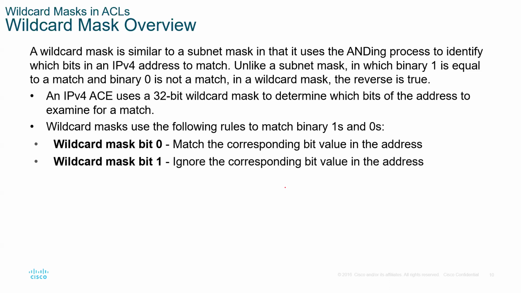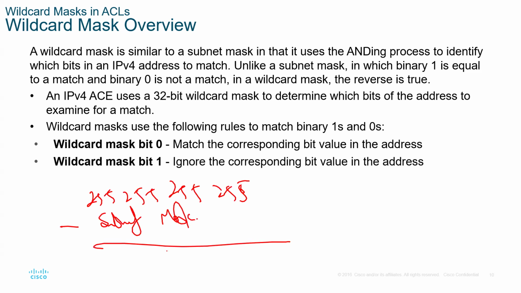So in simple terms, what can we say a wildcard mask is? We can say it is 255.255.255.255 minus the subnet mask. That's how you get a wildcard mask. It's very simple.